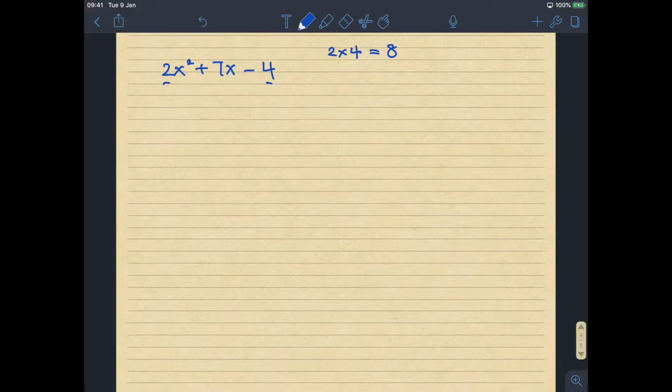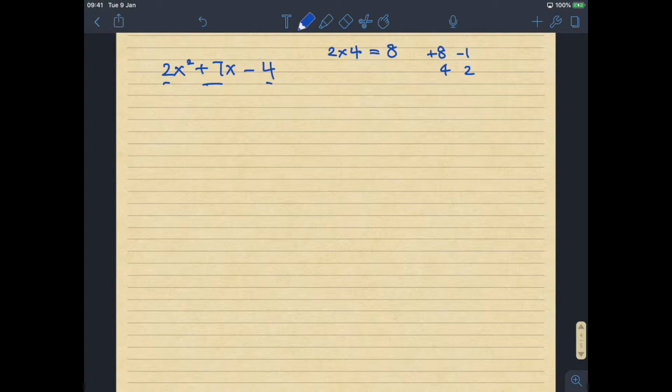Now to get 8 as the product, we can either do 8 times 1 or 4 times 2. That's about it. Next we need to figure out how we can get plus 7. With 8 and 1, straight away we can get plus 7. And how do we do that? We do plus 8 and minus 1, right?